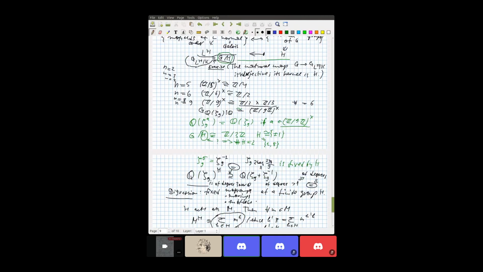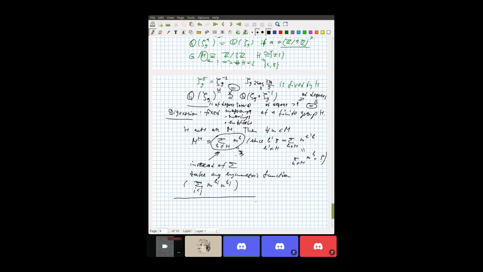What about it? Well, can you give more examples of cyclic extensions of degree 3?